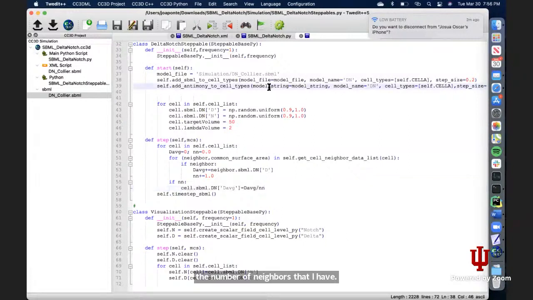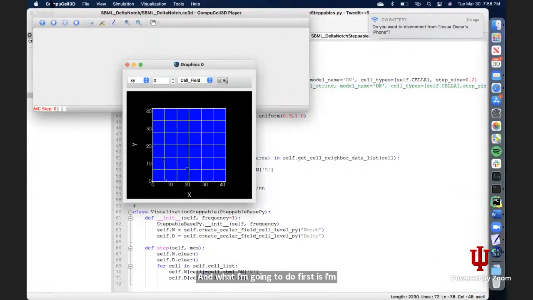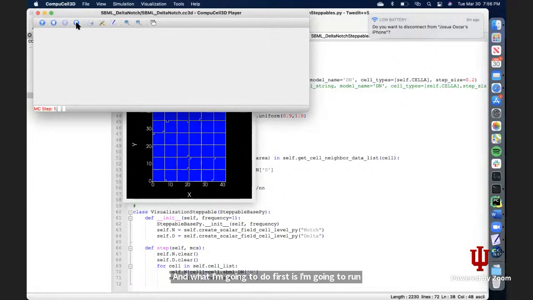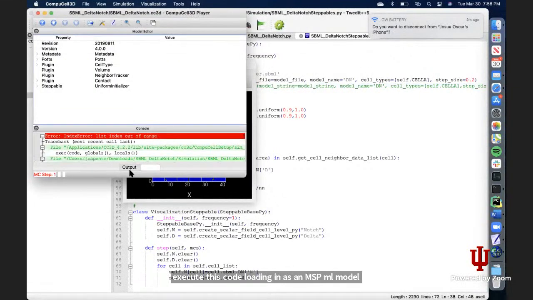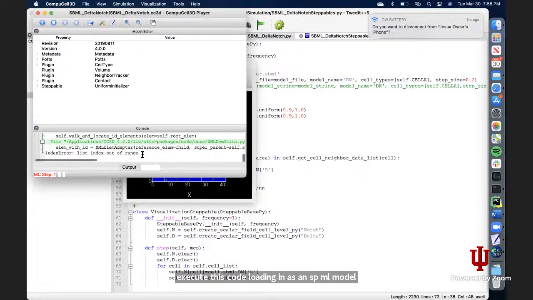Okay. What I'm going to do first is execute this code, loading it as an SBML model. Which one is not working now?